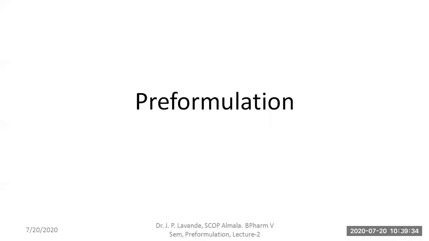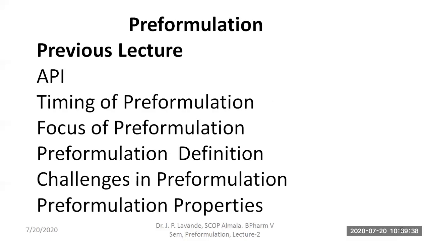Let us move to our topic, the pre-formulation, which we already started in the previous lecture. What details did we cover in our previous lecture as far as pre-formulation is concerned? We went through the API, the active pharmaceutical ingredient.